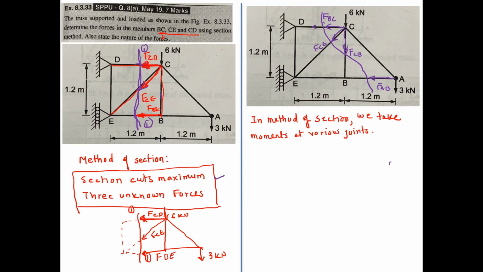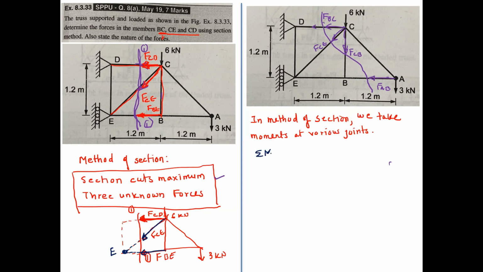So if you want to find the force in member CD, you can take the moment about point E. Why am I taking moment about point E? Because the forces CE and BE both pass through point E, so the moment of these 2 unknown forces will be 0. Clear? The blue color forces' moment will be 0 if you take the moment about point E.